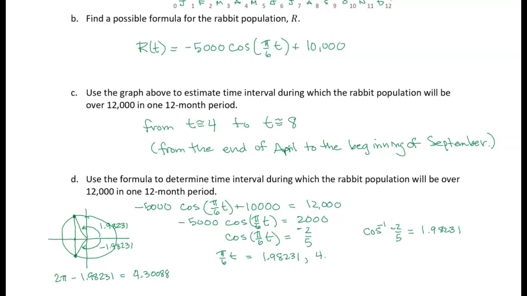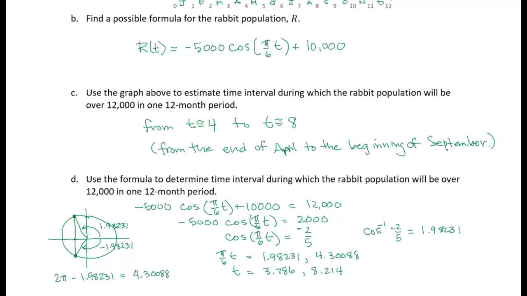And the other answer will be 4.30088. Okay. That's pi over 6 times t, but I actually want t, right? So if I divide both sides by pi over 6, I get 3.786, and if I divide the other value, I get 8.214. Okay, so that's my time value.